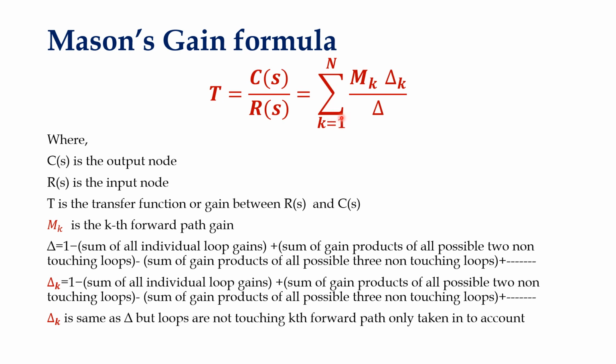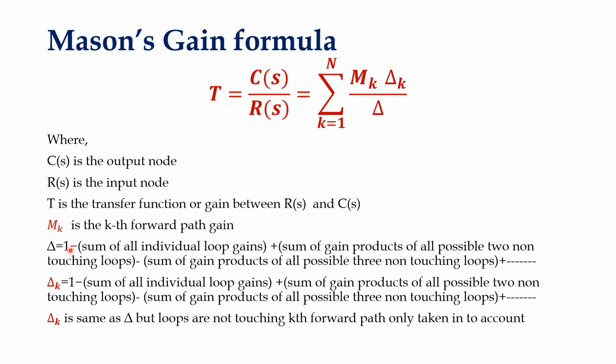The forward paths start from 1 and end at N. Mk is the gain of the kth forward path. Delta k divided by delta. How to find out delta?